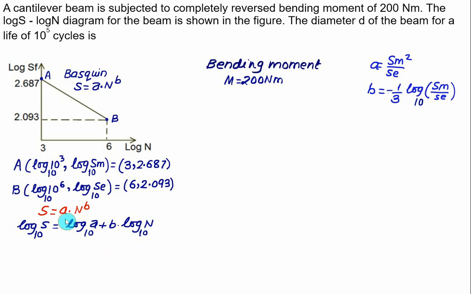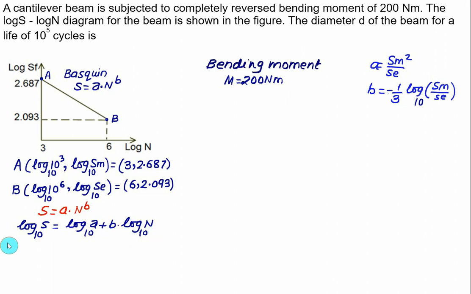So we get two equations with two constants, A and B, so we can solve it. Log of A into N to the power B is log of A plus log of N to the power B, and that is B times log of N.